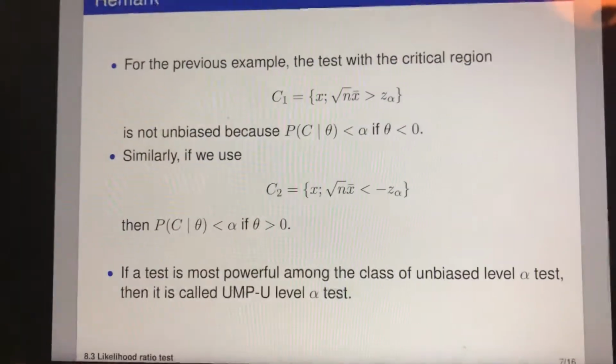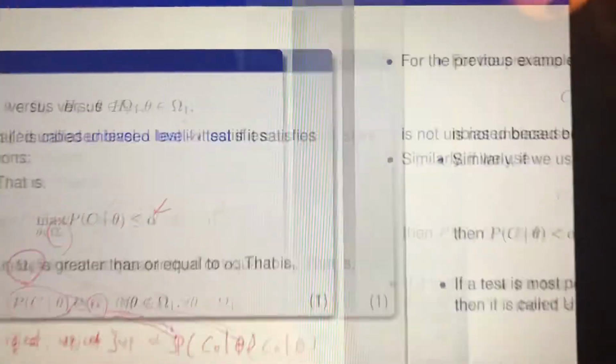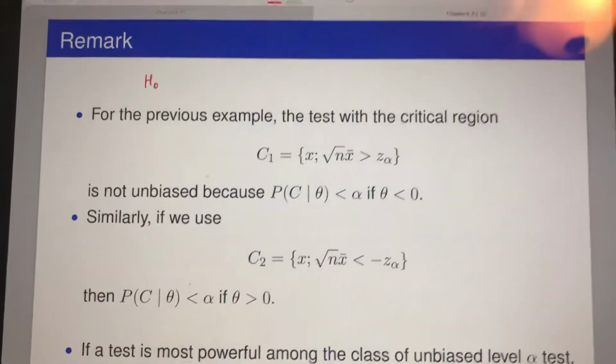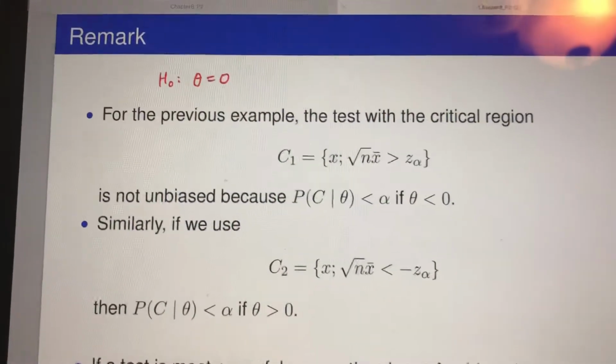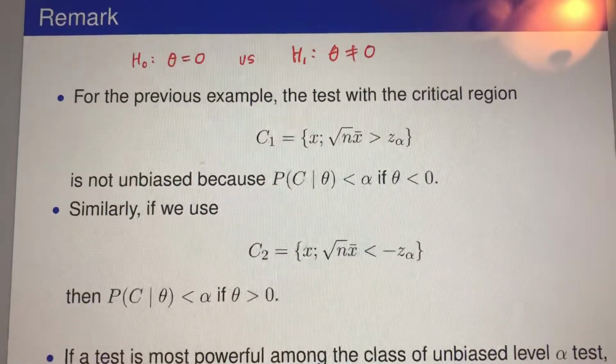Okay, so for the previous example, theta equals 0 versus the alternative.